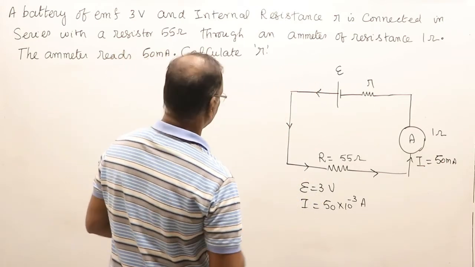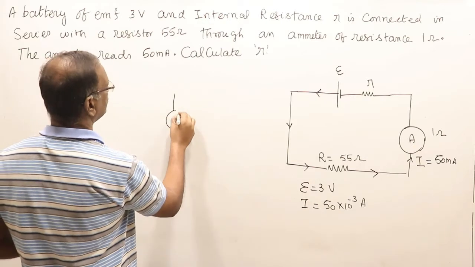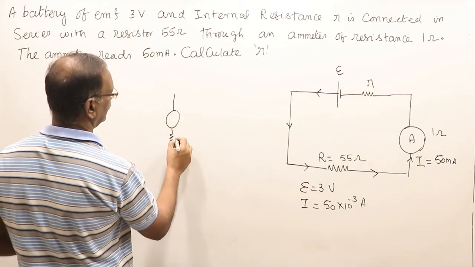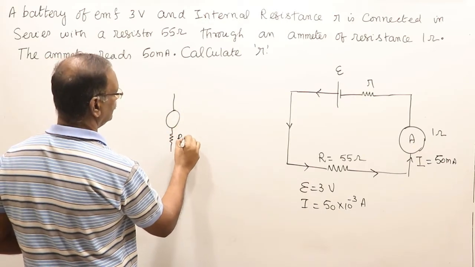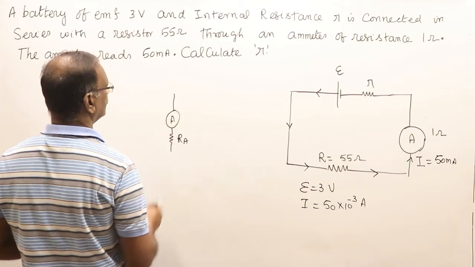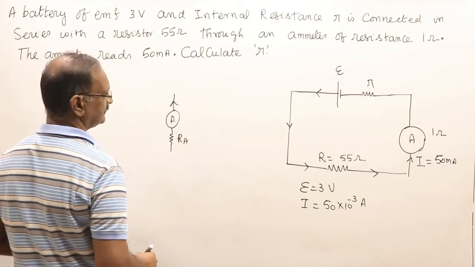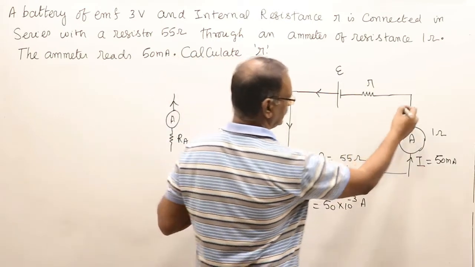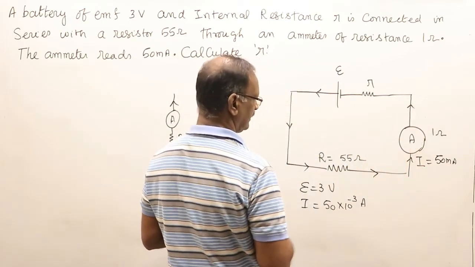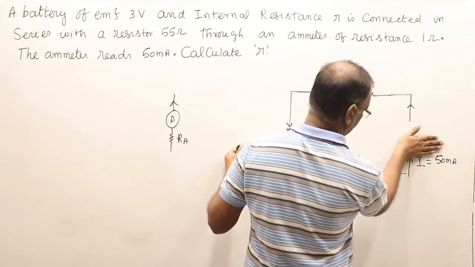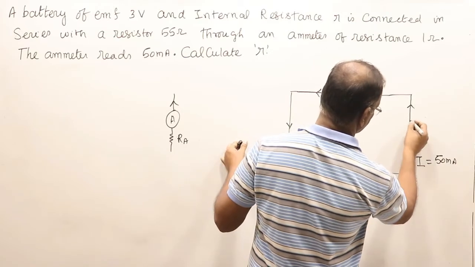The ammeter has a resistance. So we have to take the resistance of the ammeter into account, and the current is flowing like this. It means this ammeter can be replaced with a resistance.